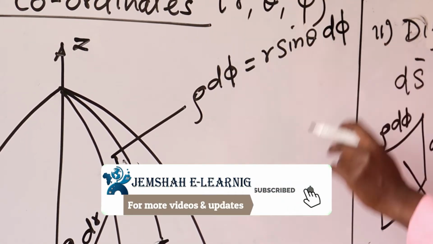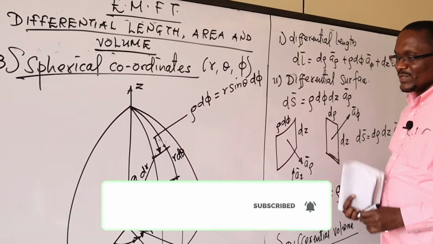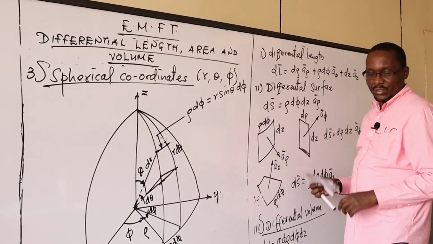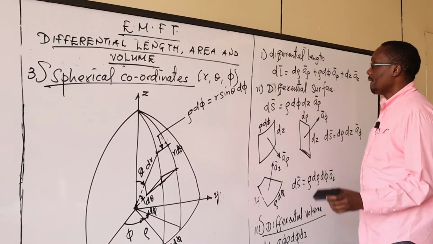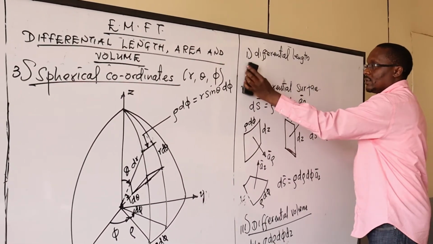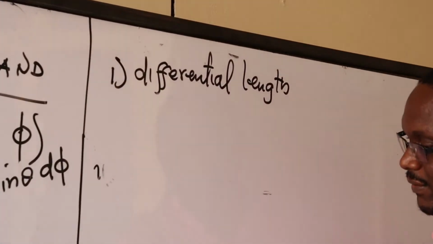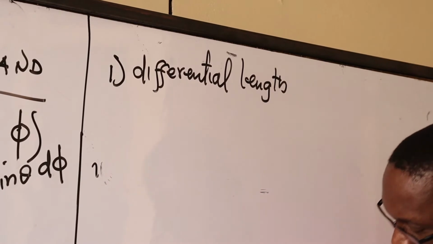So we have this, we have that, and we have the length dr. Then we can represent differential length, differential surface, and finally differential volume.